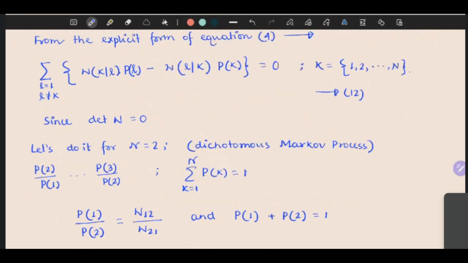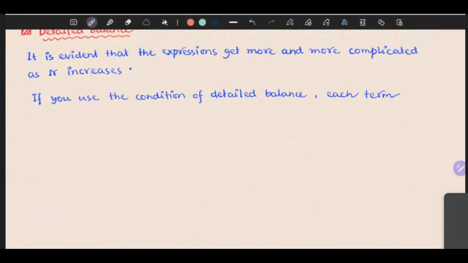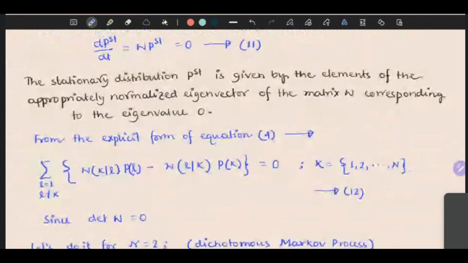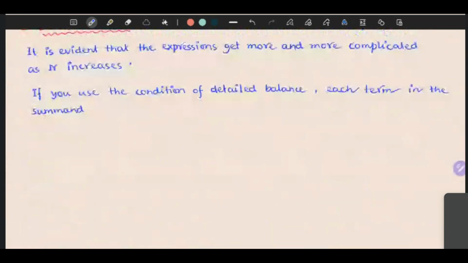Each term in the summand, meaning the expression for one particular value of L in the summand equation, vanishes by itself.